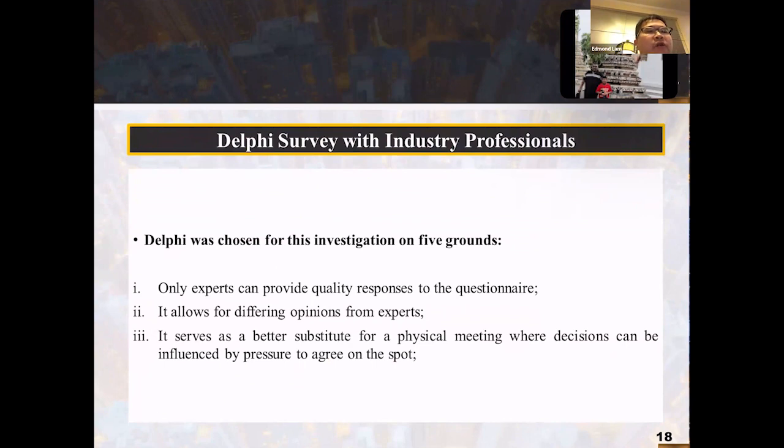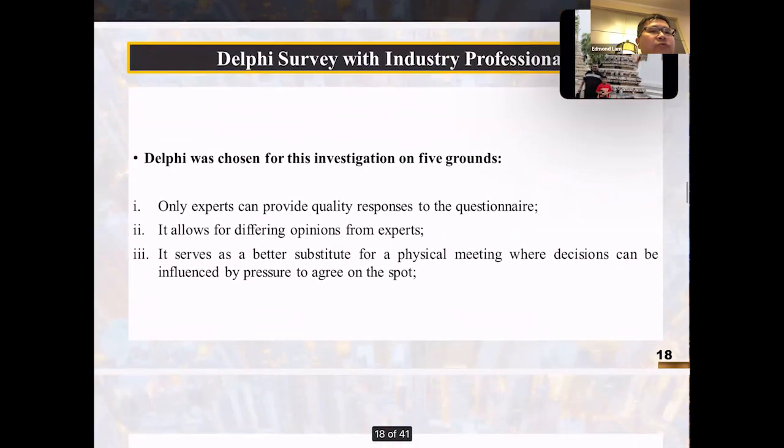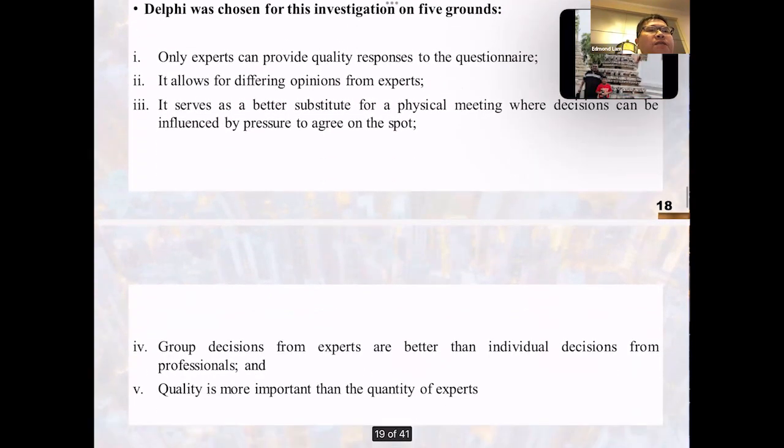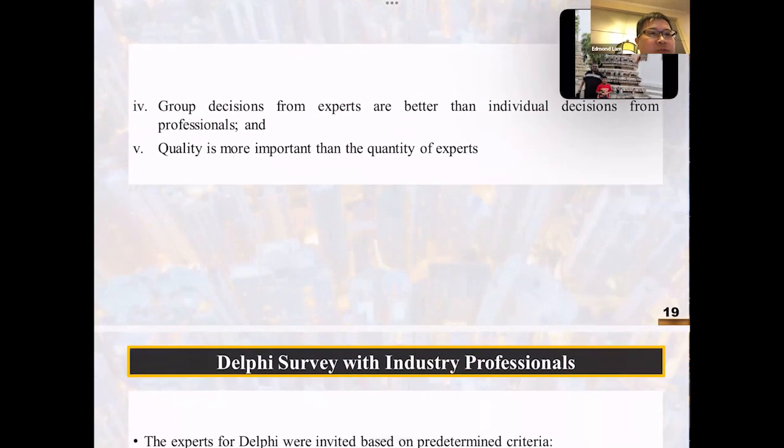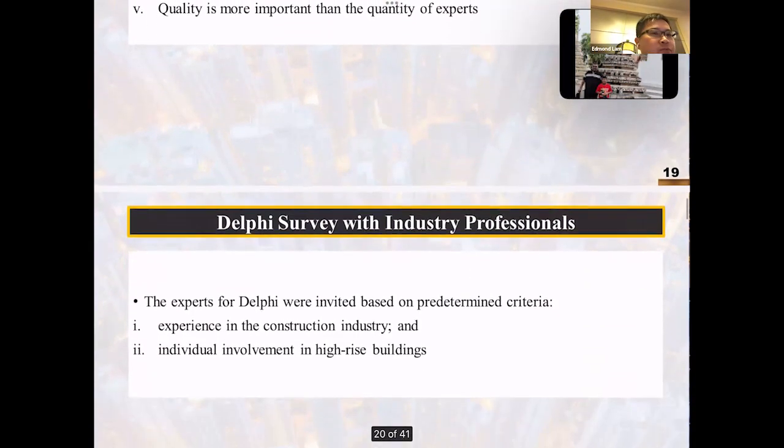It allows for different opinions from experts. It serves as a better substitute for a physical meeting, where decisions can be influenced by pressure to agree on the spot. Group decisions from experts are better than individual decisions from professionals. Quality is always more important than the quantity of experts.